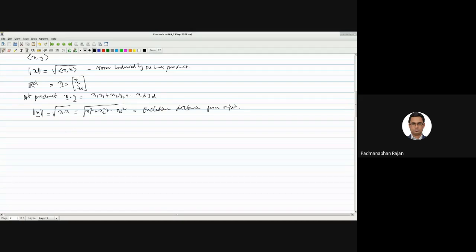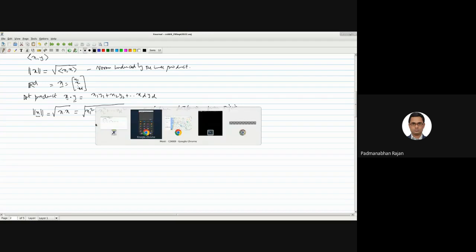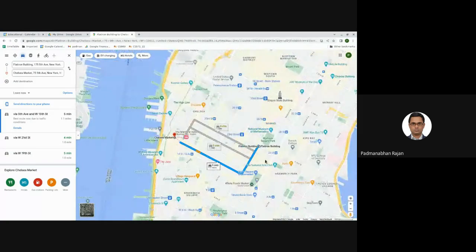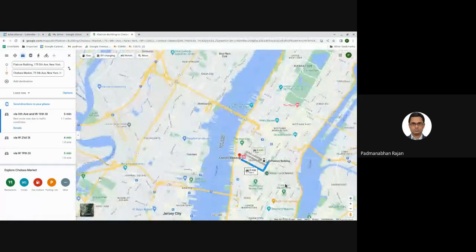But there could be other distances. Why should we restrict it to only this distance? Many types of distances are there. For example, let's say you go to New York. This is a map of Manhattan. Manhattan has this famous grid-like structure.